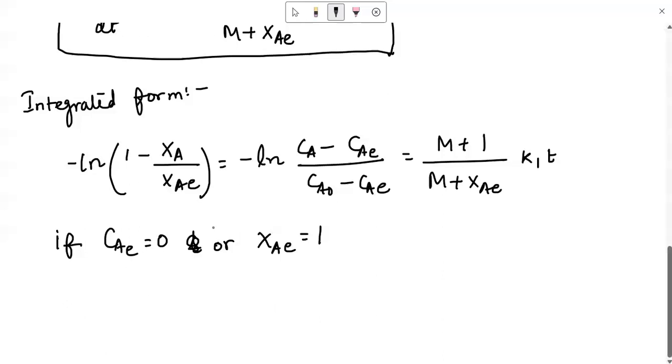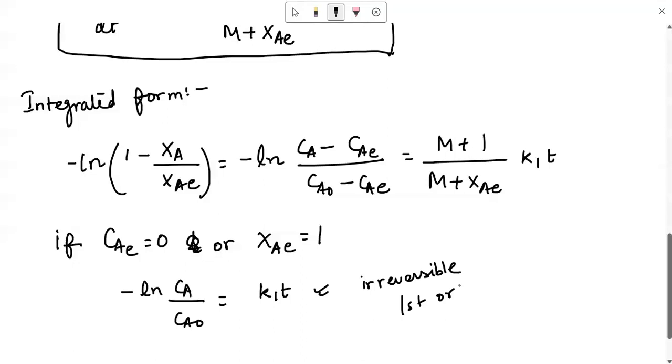So if you just put Ca equals 0, you will get minus ln Ca by Ca naught, and Xa equals 0, then you will get K1t. So m plus 1 by m plus 1, you will just have K1t over here, and this is the irreversible first order kinetics.